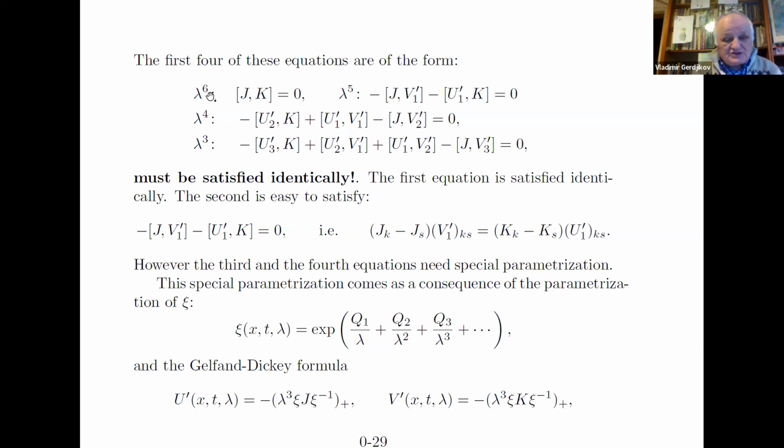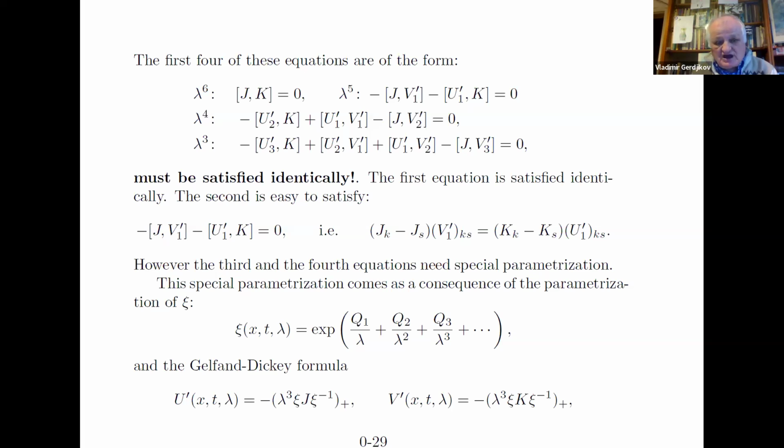To power lambda to power 6, J and K are diagonal, so this is trivial. To lambda to power 5, this is a not very difficult linear equation, so it can be solved as it is shown here. But for lambda to power 4 and lambda to power 3, you see these not very simple matrix relations. They must be satisfied identically.